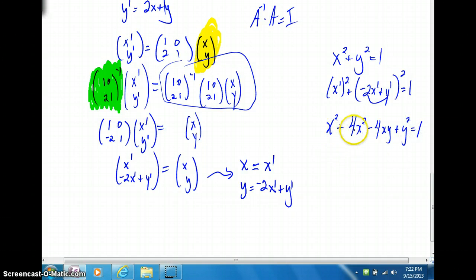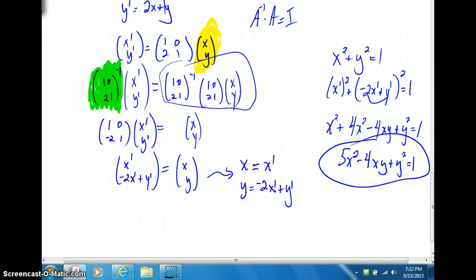My goodness, x squared and 4x squared will add up to 5x squared. Well, as we'd study conic sections, we would see that this is actually an ellipse. It would be an ellipse that's not opening up with its major axis in a horizontal or a vertical direction, but off on a slant. And that's something kind of interesting.